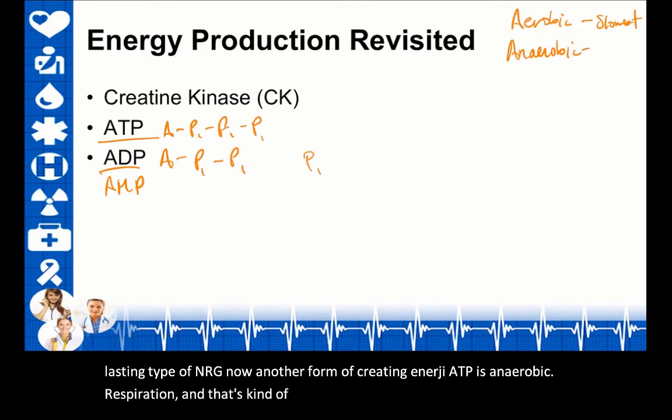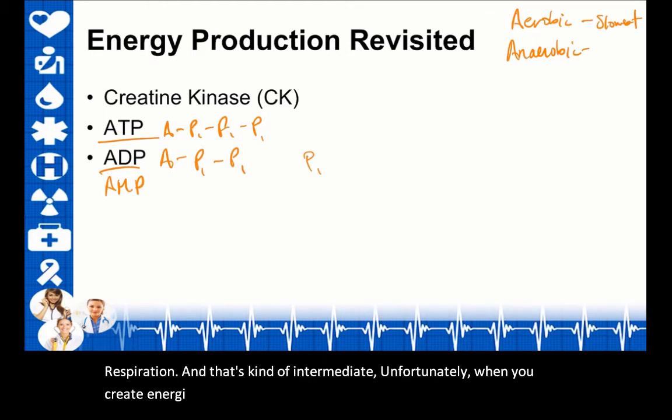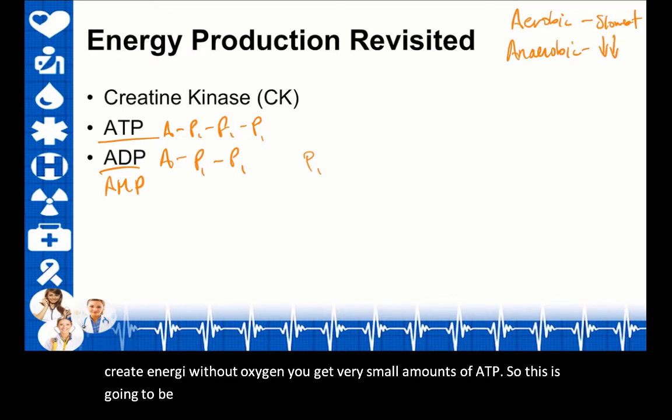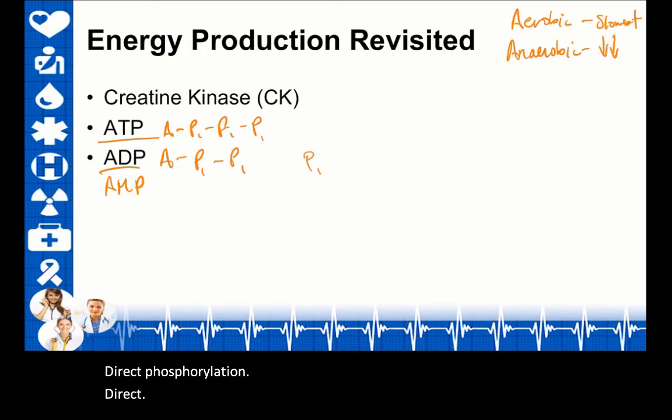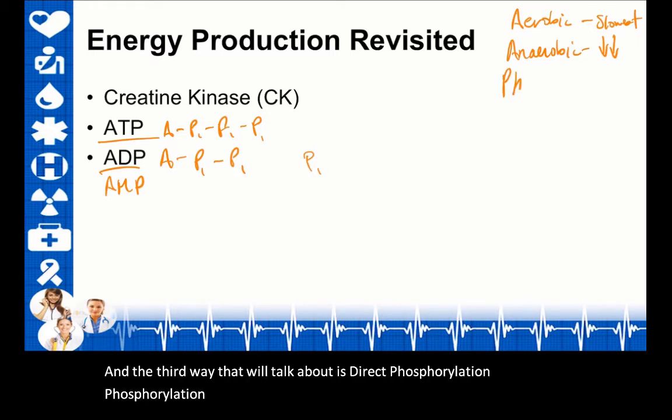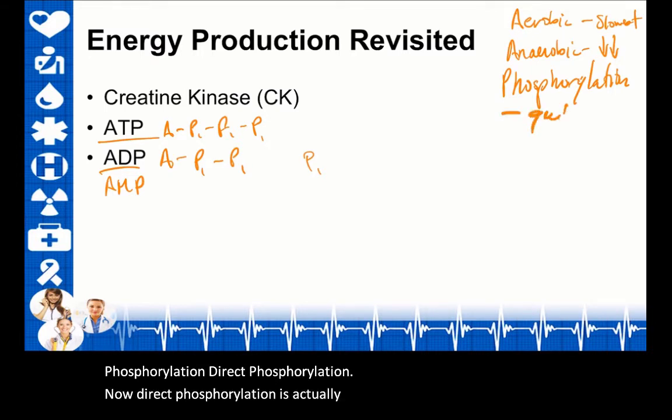Unfortunately, when you create energy without oxygen, you get very small amounts of ATP. So this is going to be a much decreased output of energy. And then finally, the third way that we'll talk about is direct phosphorylation. Now, direct phosphorylation is actually going to be the quickest way of creating ATP.